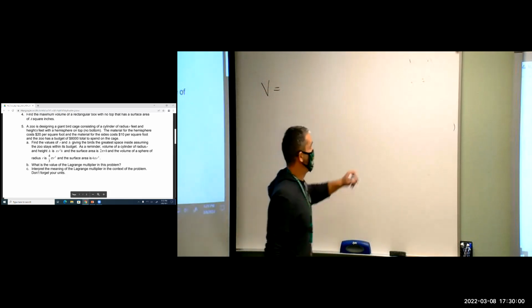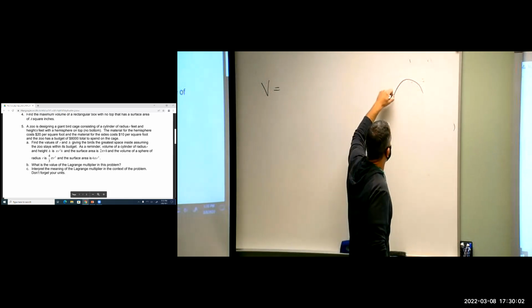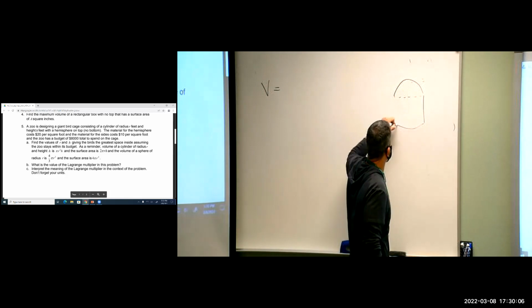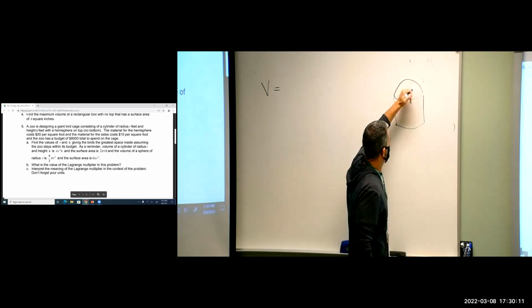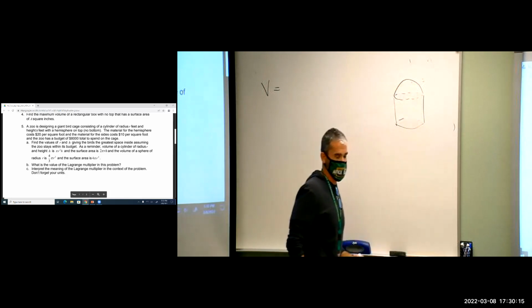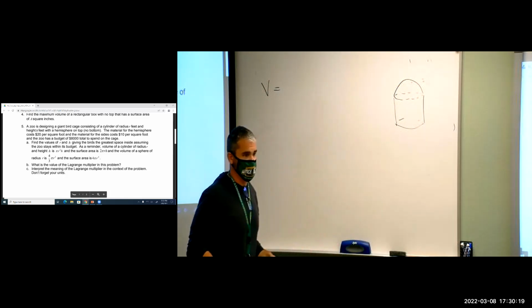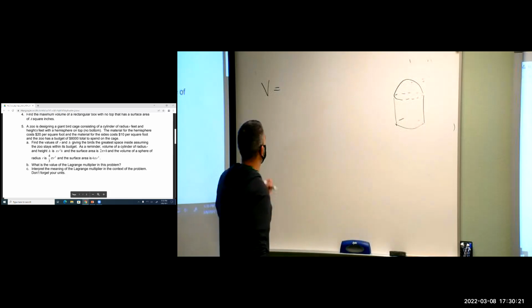There's going to be the upper hemisphere of the bird cage, and then there's going to be the cylinder of the bird cage, right? So basically, our volume function is going to consist of both of those. So the volume of a sphere is 4/3 pi r cubed, but we're only looking at half of it.